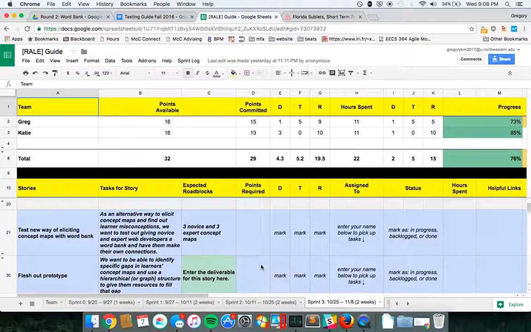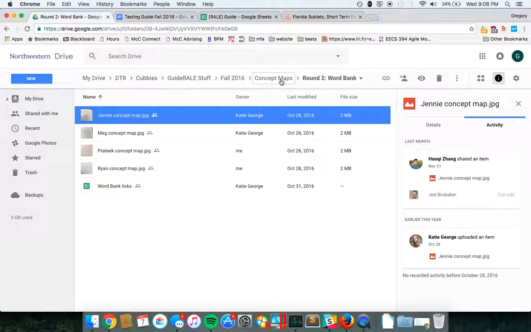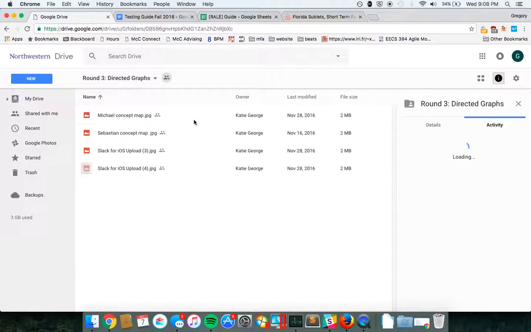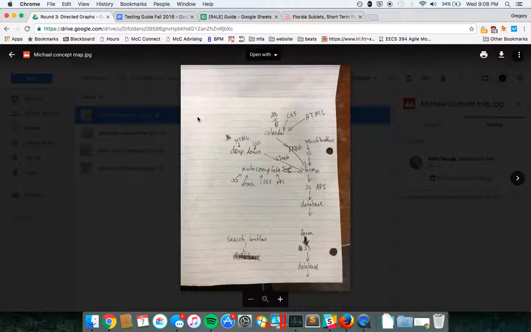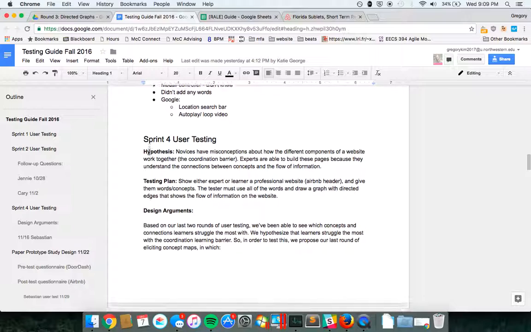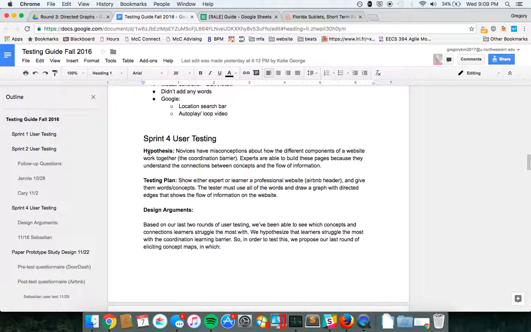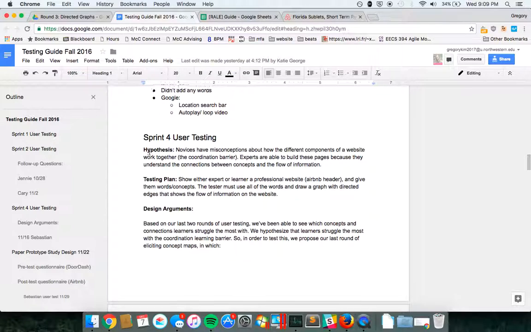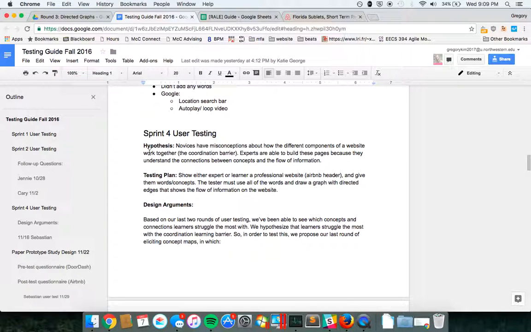At the same time, in the third sprint, we also began a final round of testing. This round of testing was to further explore this area of the coordination barrier, and we did this by doing the same thing where words were available, but also we made them use all of the words, so there would be no confusion around that, and also use directed edges to show the flow of information.